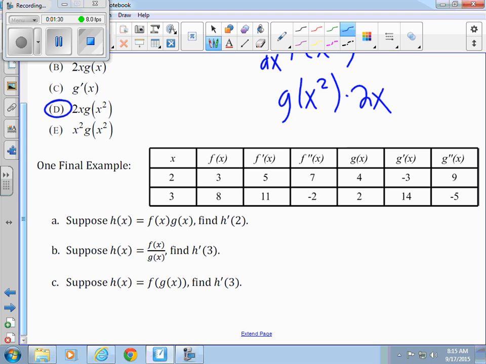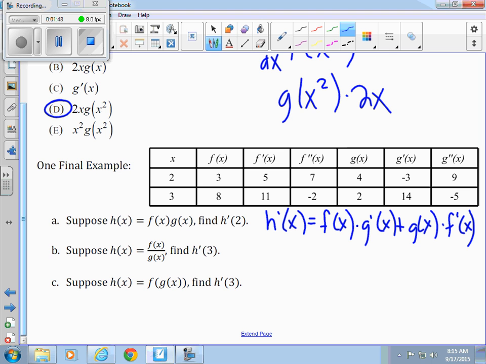So if I were to find h prime of x at 2, h prime on the first one is a product rule, so I'm going to do left, D right, plus right, D left. Let's see how I got that. I'm going to plug in 2.